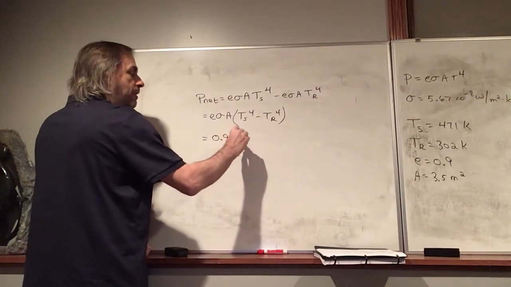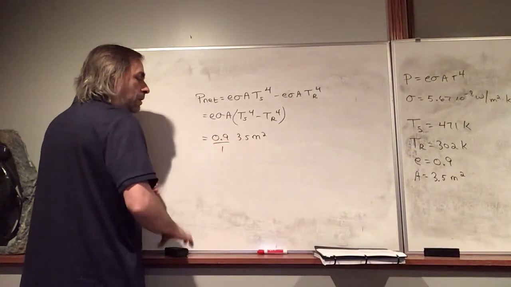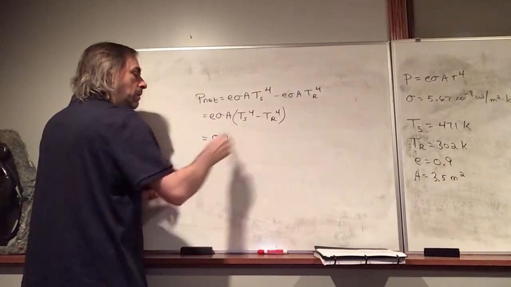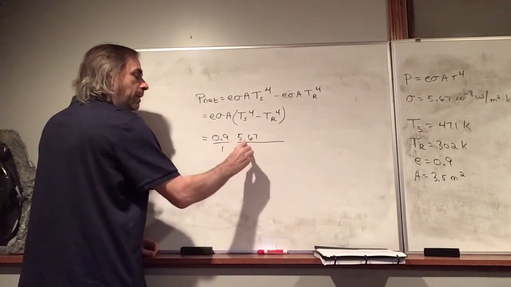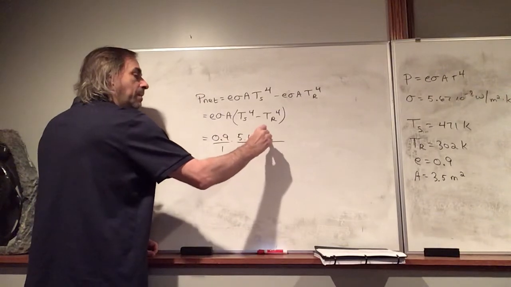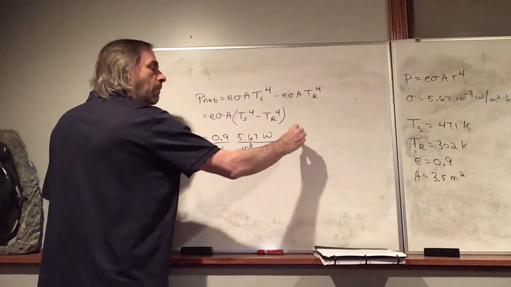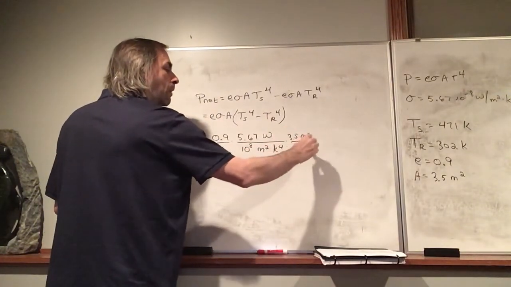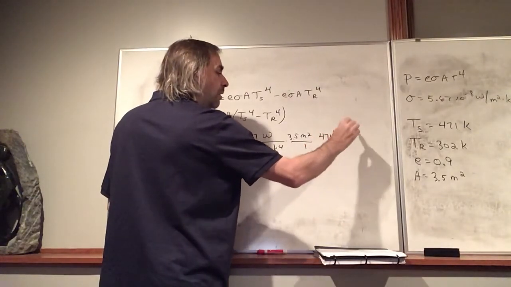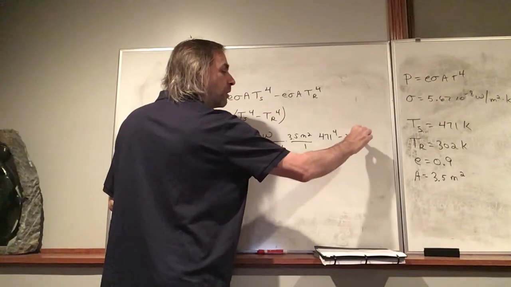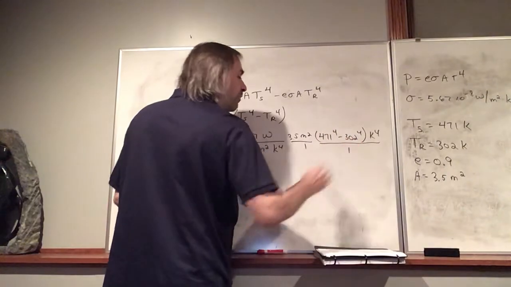And then A is 3.5 meters squared. Sorry, I forgot sigma. 5.67, and it's 10 to the negative 8, so I'm going to put that on the bottom. And then we have 471 to the fourth minus 302 to the fourth. That'd be Kelvin to the fourth.